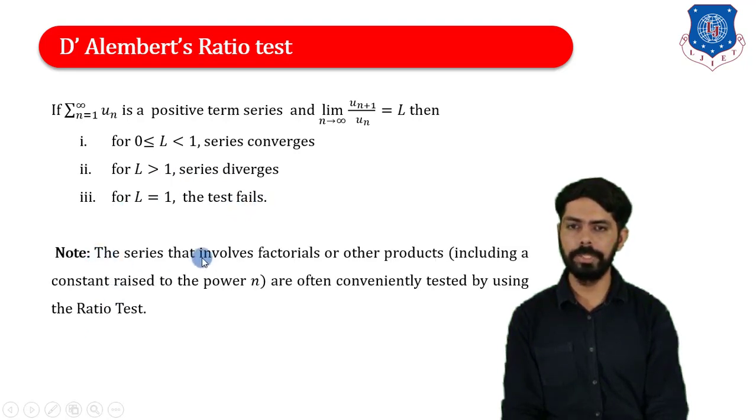Note that the series that involves factorials or other products including a constant raised to the power n are often conveniently tested by using ratio test. So we will apply ratio test in examples.